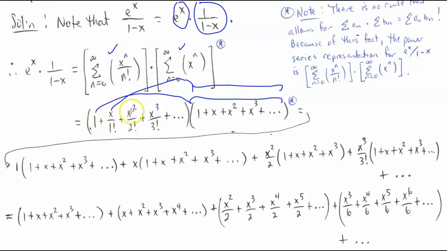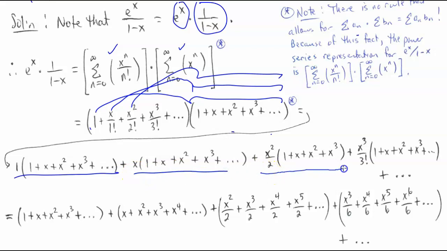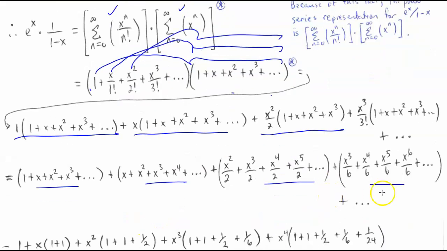Then I'll take 1/2 x squared and do the same thing, multiply it times all those terms. And that's what you see me writing here, okay? And I do it with these first 4 terms I have here. And then, of course, I just list out what the results are whenever I would do that. And if I needed to keep on going, I would do that. And that's what the plus ... represents.